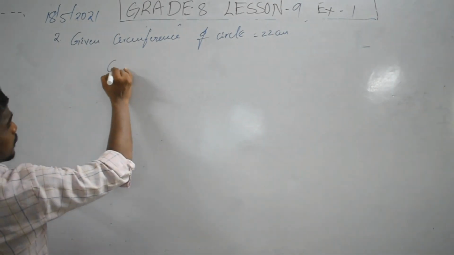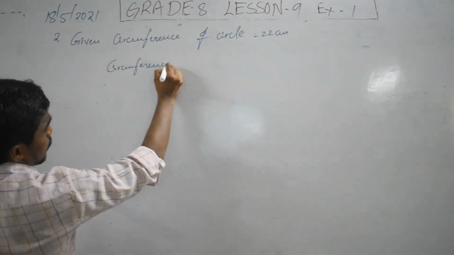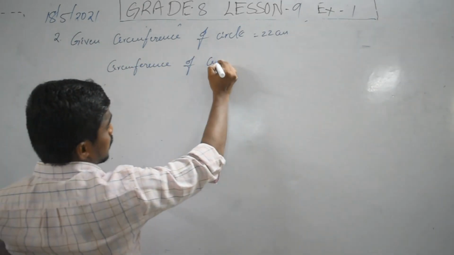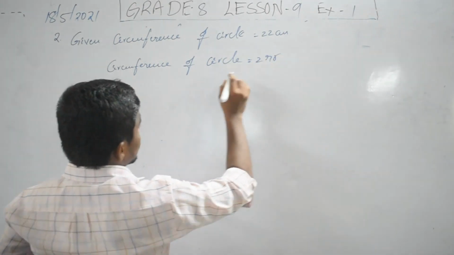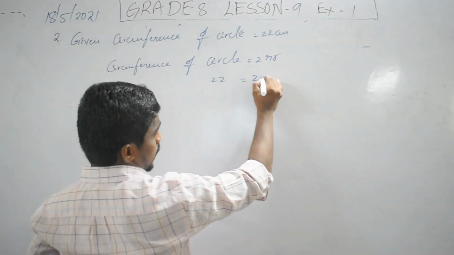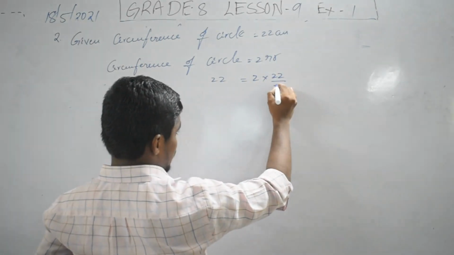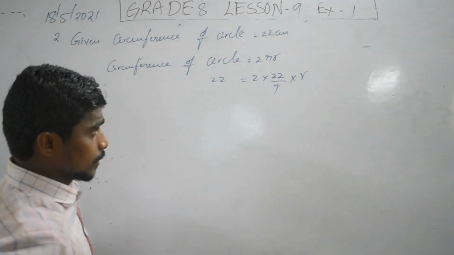So circumference of the circle is 2 pi r. So 22 equal to 2 times 22 by 7 times r.